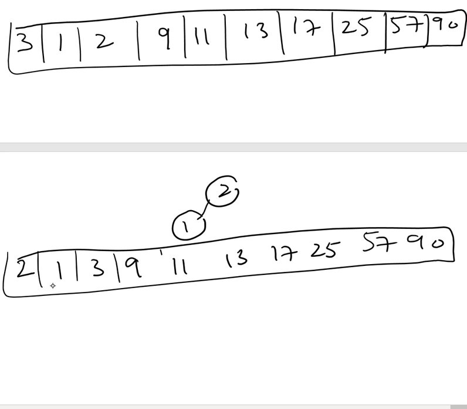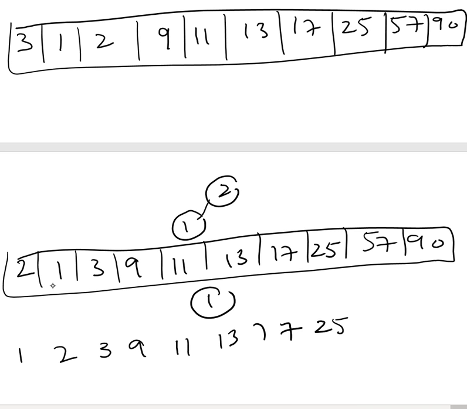Now finally 2 will be removed from the heap. So 1 is pending. So the final will be what? 1, 2, 3, 9, 11, 13, 17, 25, 57, 90.